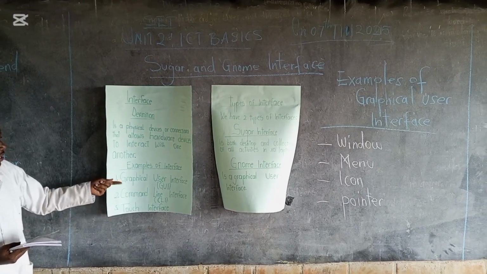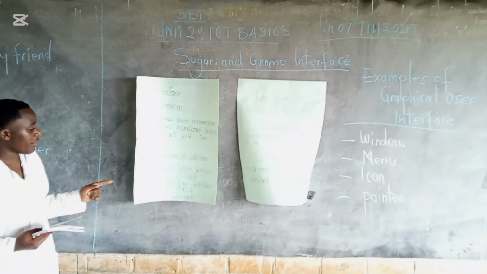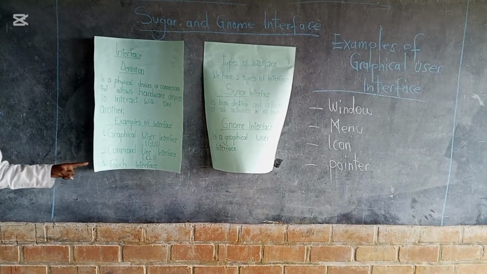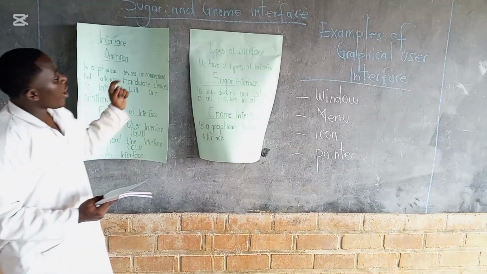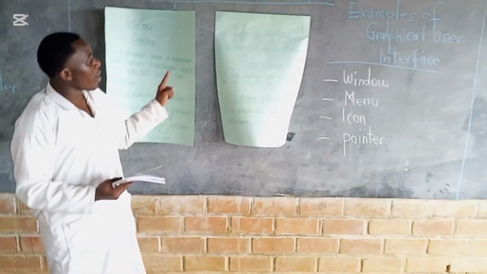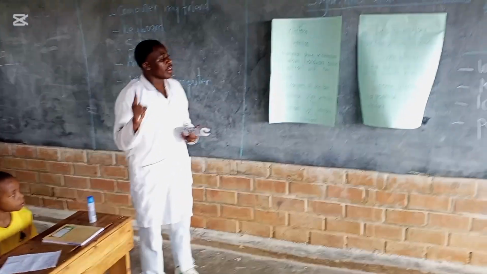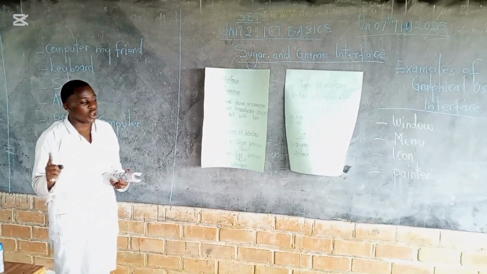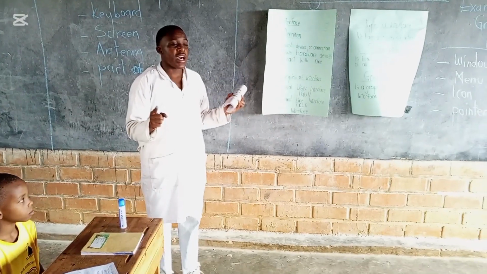And we have studied the examples of interface: graphical user interface, command line interface, touch interface. We have two types of interface. First, sugar interface, where we find all the activities on the laptop. And also genome interface, which is a graphical user interface.